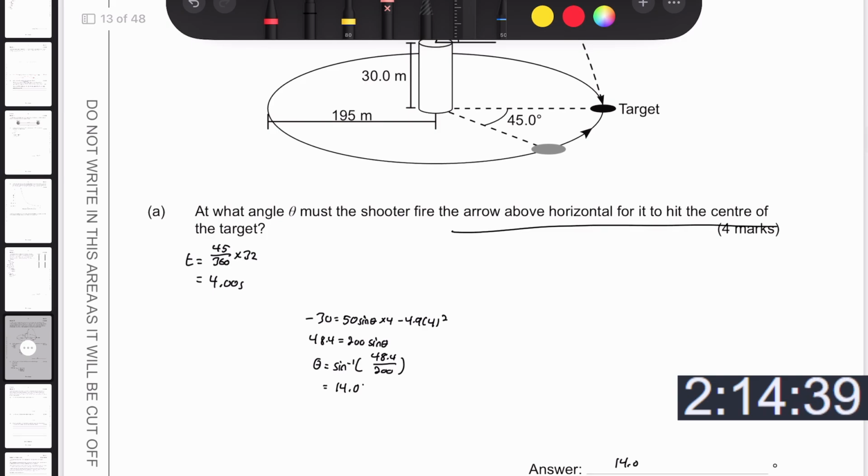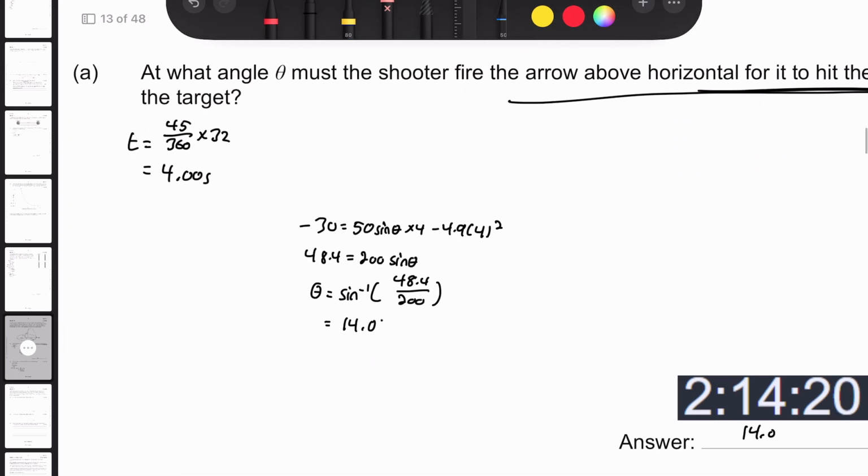Like what it says, for it to hit the center of the target. If you want to hit the center, that has to be 195, doesn't it? Damn it.